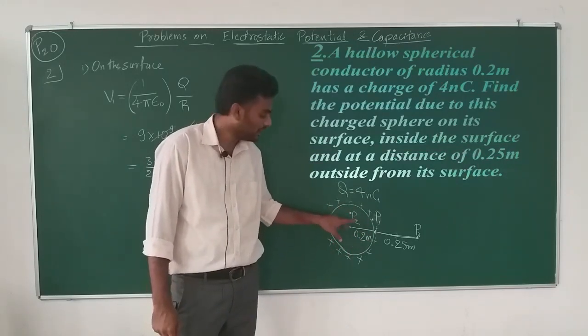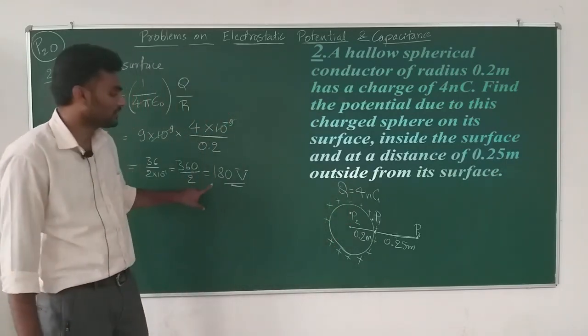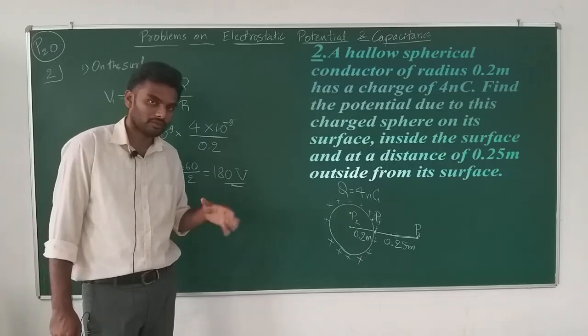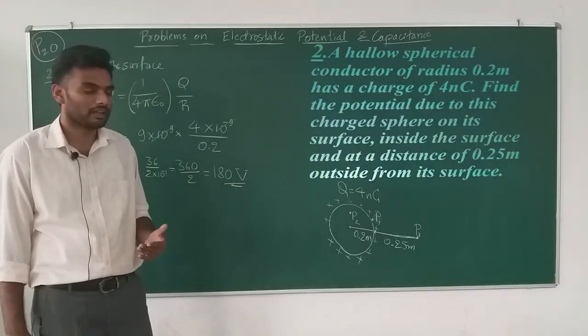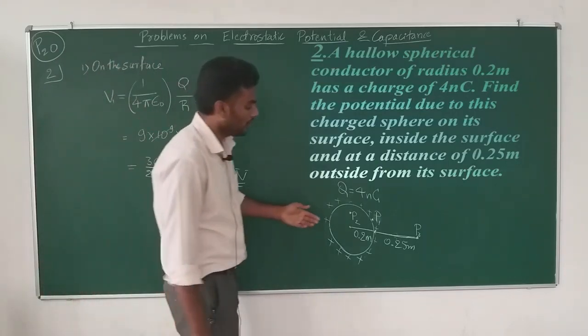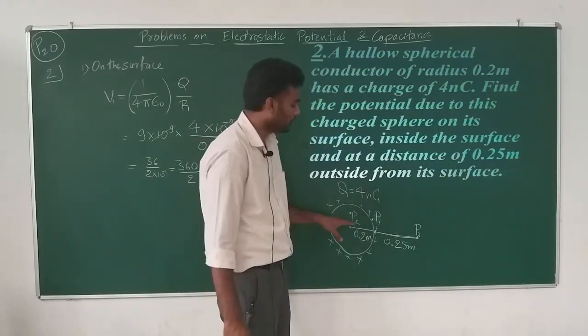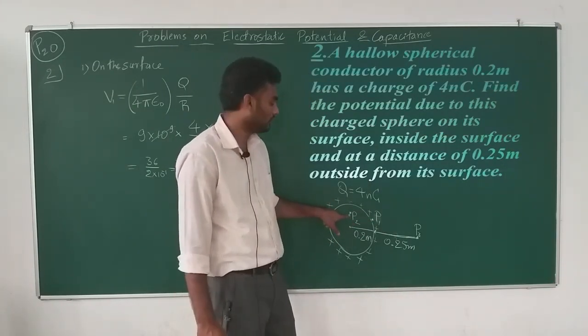At any point chosen inside the spherical body, the same potential can be found, right? The reason being, I have explained it to you in detail during the regular theory class, right? Because see, this is a certain potential, 180. So you might think, okay, here you might have more potential.